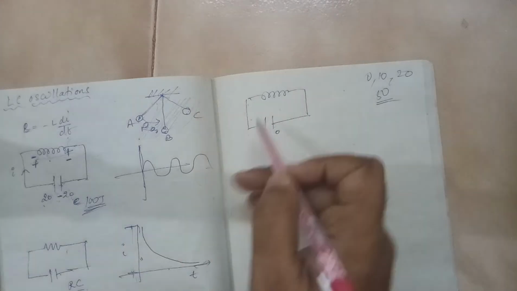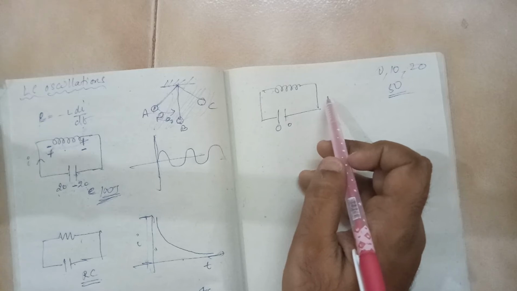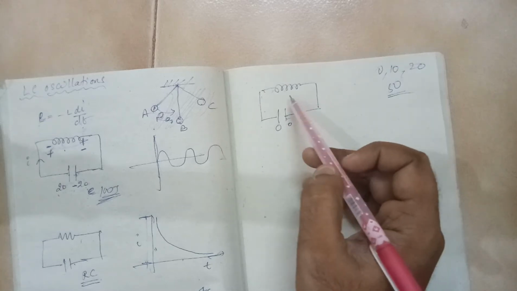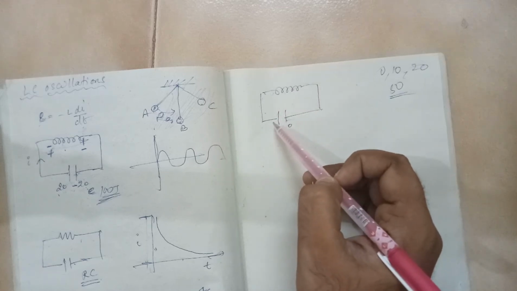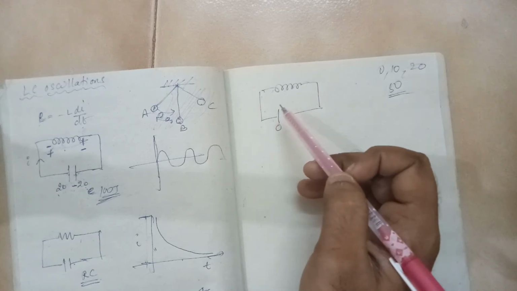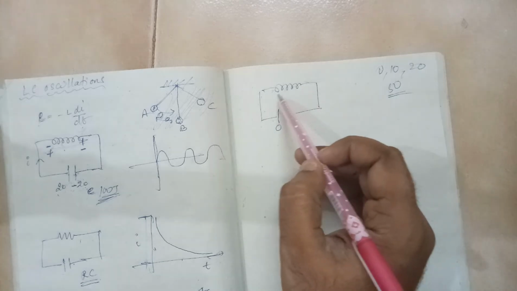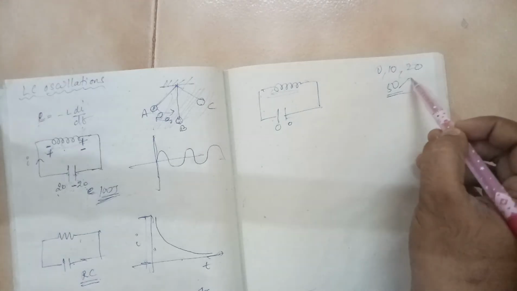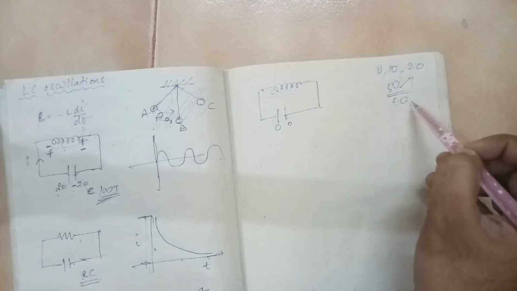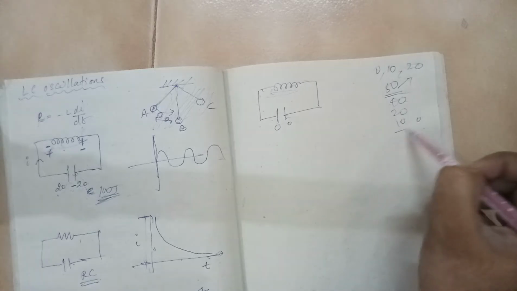Then full magnetic field strength has been developed, and all the charge has been transferred to the other end. Then there is no net charge, and this will start losing its magnetic field. The lines will die down. From 50 it will become 40, then 20, and slowly 10 and 0.